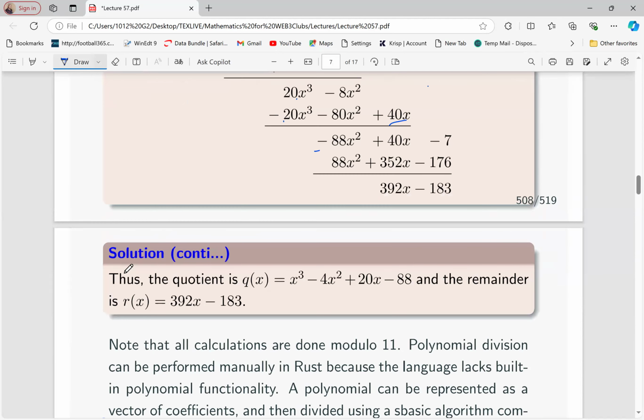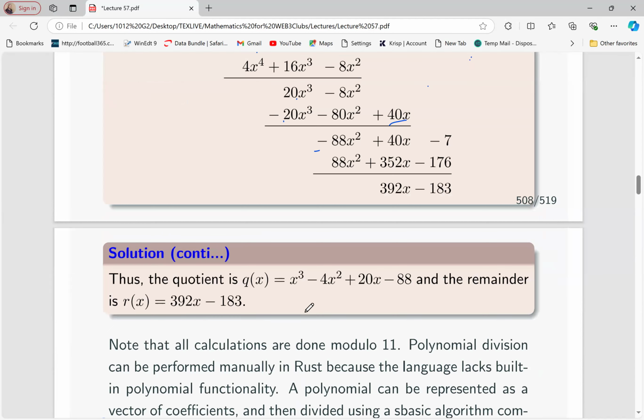Now, so that's how we do polynomials. And of course, the next part, I'll be showing you how we divide when the coefficients are integers mod p or mod n.